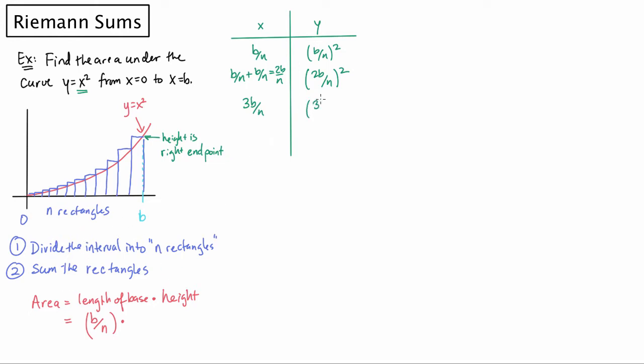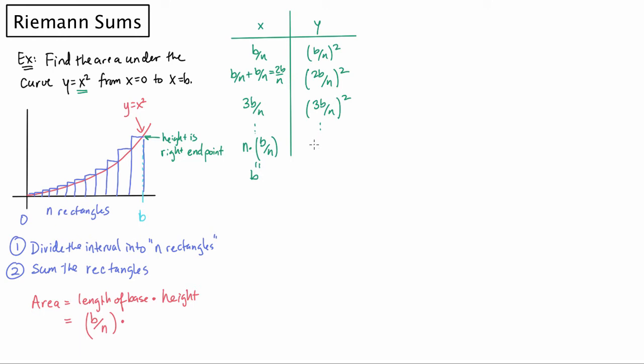And that endpoint would give me a height of (3b over n) squared. And we could keep going with this. The very last rectangle over here, I have n rectangles, each with width b over n, so the right endpoint here is just b. Well, that makes a ton of sense. The right endpoint here is b, you can clearly see it, and what is the height's value?